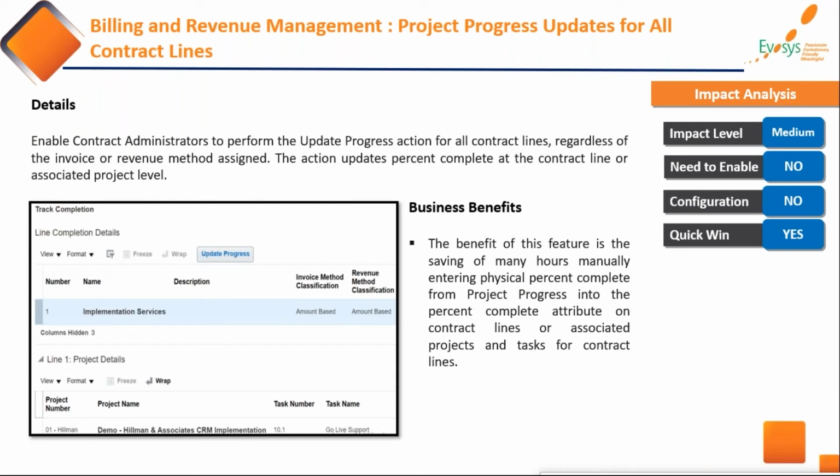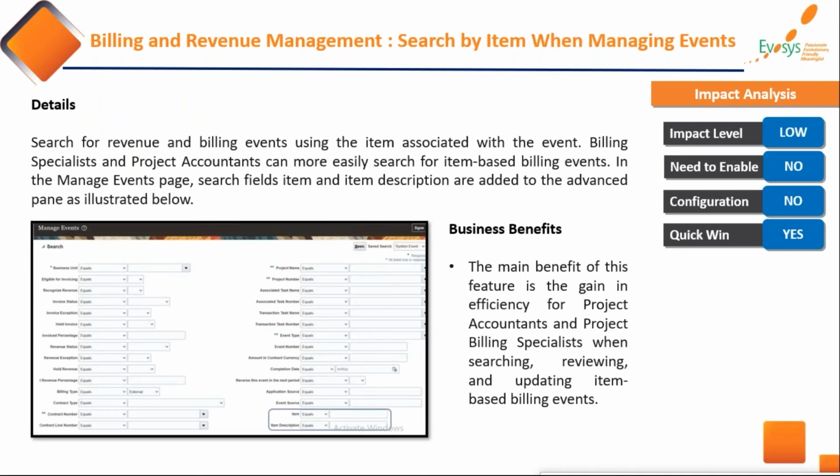Search by item when managing events. This is very much, I would say, useful for clients who do item based billing. When I say item based, I mean output driven billing, like finished goods: if they have produced this number of finished goods, then against that item they will do the billing.